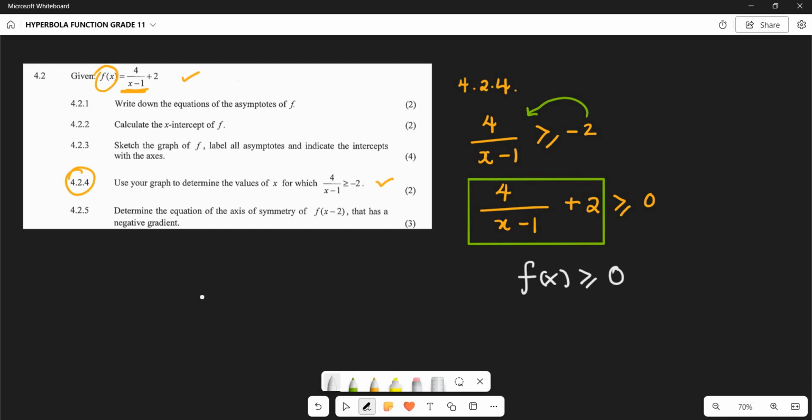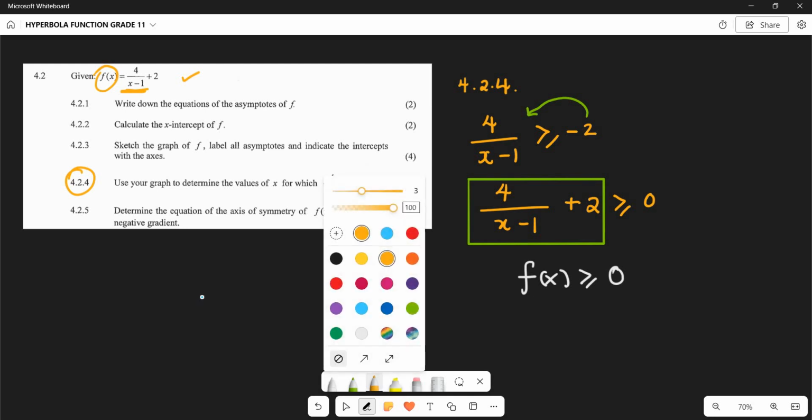So let's read the question again. Use your graph to determine the values of x for which f of x is greater than or equal to 0. What is the indication of this? I want you to understand that f of x simply means y. So y is greater than or equal to 0. These are the y values of f that are more than 0.